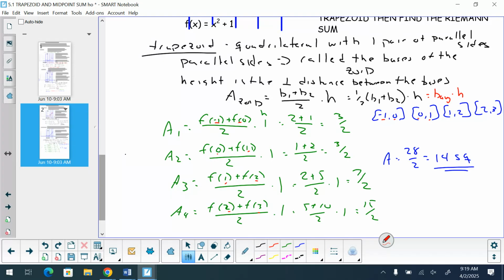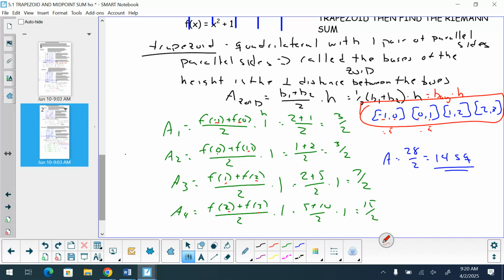But what I will do, I will write down my subintervals. Okay? What my subintervals are. And then I will just refer back to my subintervals. Am I doing the left sum? So I'm just using my left-hand side. Am I using the right sum? So I'm just using the right-hand side. Okay? Or am I using my midpoint? So I'm finding my midpoint for each one of these.